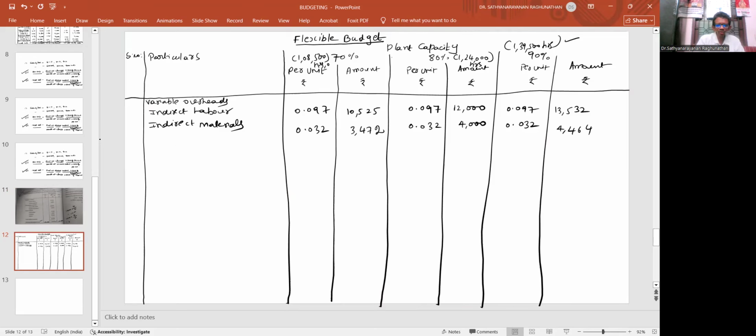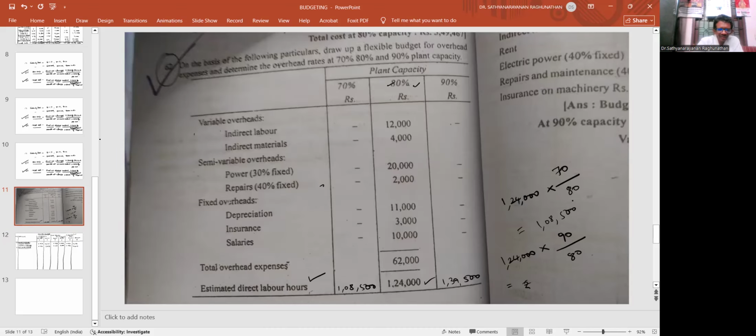Next, semi-variable overhead. Please put the heading: first one is the variable overhead, second one is the semi-variable overheads. So partially fixed, partially variable. Okay. It is shared in the form of proportion.